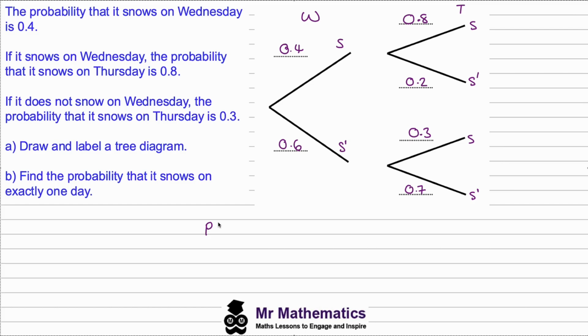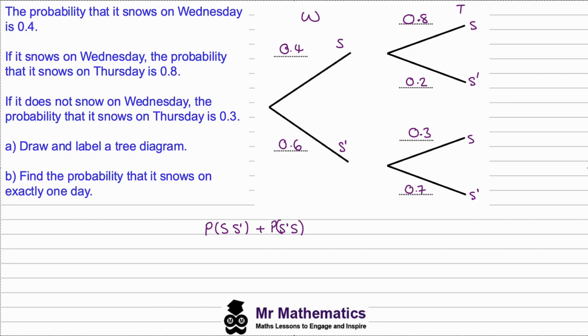So this could be the probability of a snow and a not snow. So Wednesday it snows, Thursday it doesn't. Or the probability of not snow on a Wednesday, followed by snowing on a Thursday.